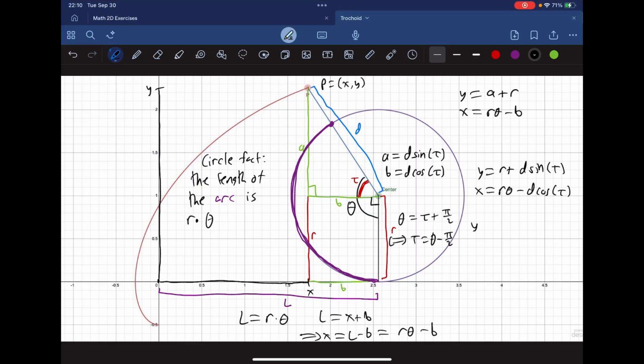So our equations over here are going to become y equals r plus d sine. Now we just plug in our expression for tau, theta minus pi/2, and x is equal to r theta minus, my apologies, d cosine theta minus pi/2.